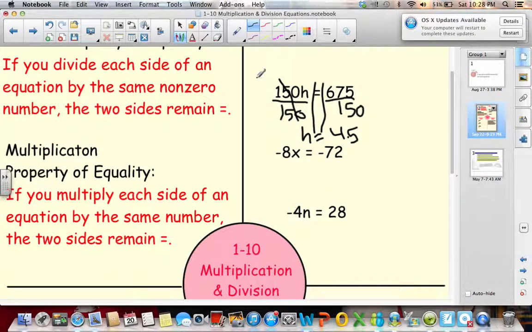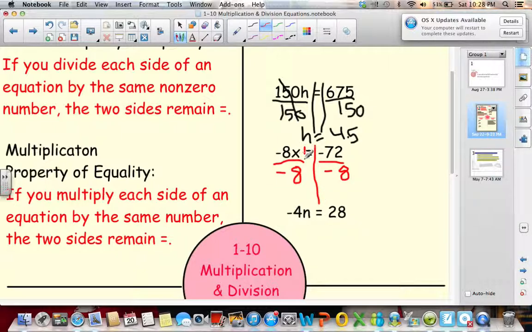Okay, if we have negative 8x equals negative 72, we do the same thing. Divide both sides by negative 8. So we take the whole number and the sign, and divide both sides by the same number. Remember, we're doing negative 8 because x is on that side.